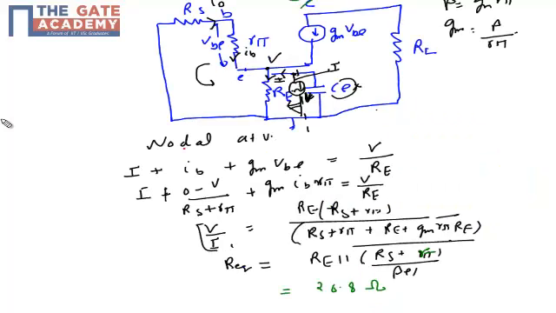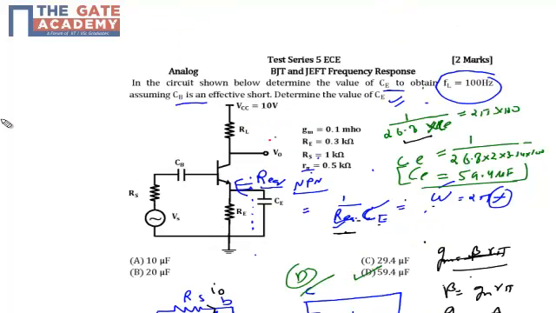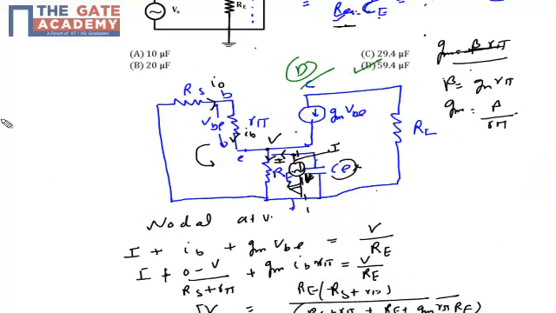This kind of question is very important from the GATE point of view. Whenever the question asks you to calculate the cutoff frequency of a particular terminal, find the R equivalent corresponding to that terminal. So draw the small signal analysis. In this case, we have to find the equivalent impedance at the output terminal.